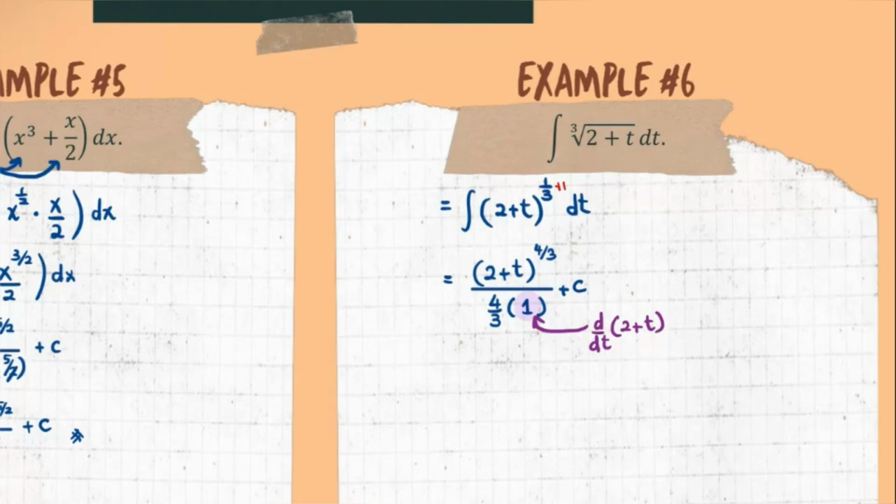Okay, so differentiate 2 plus t tadi kita dapat 1. So now if we simplify, our final answer will be 3 over 4, 2 plus t to the power of 4 over 3 plus c. So this will be our final answer.